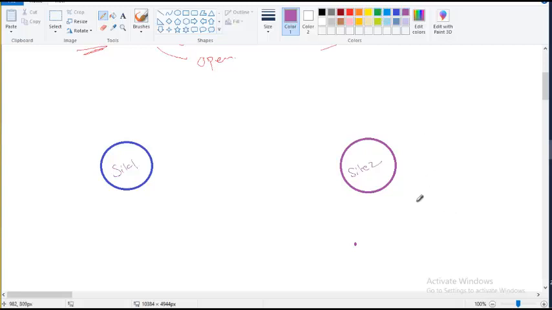Let me draw the key of site 2, the purple key. And the blue site key, blue key.